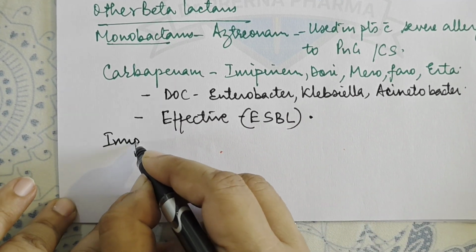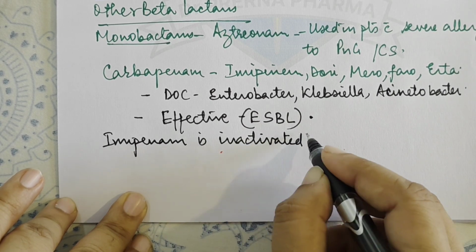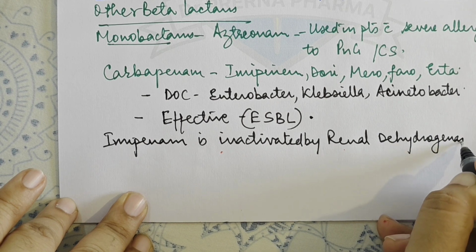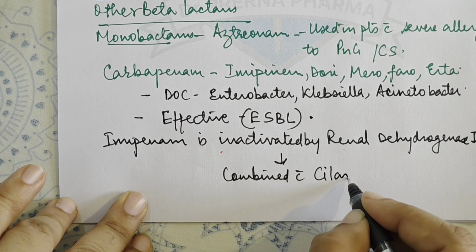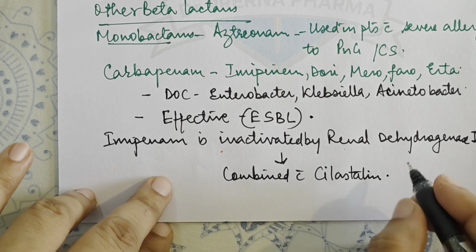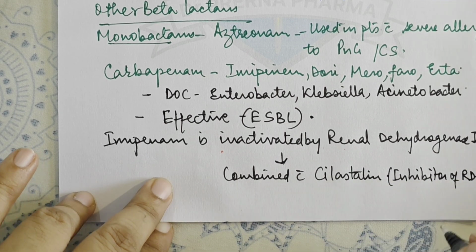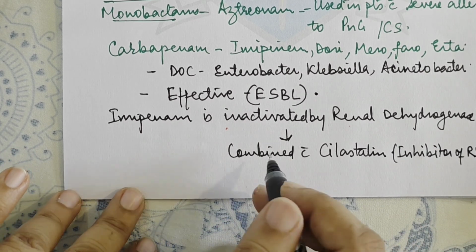Now imipenem is inactivated by renal dehydropeptidase 1, so it is combined with cilastatin, which is an inhibitor of renal dehydropeptidase 1. This cilastatin increases the half-life of imipenem and inhibits the formation of the nephrotoxic metabolite.